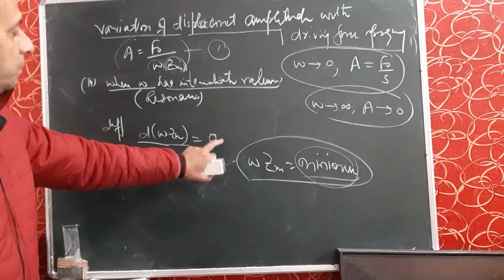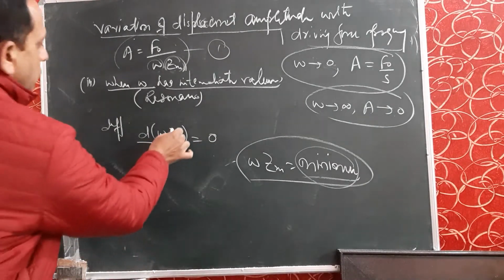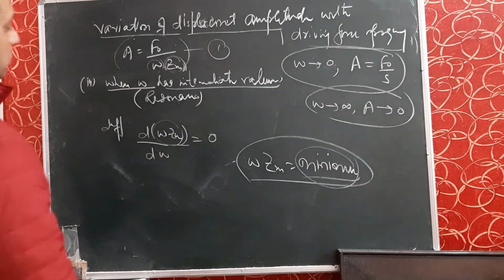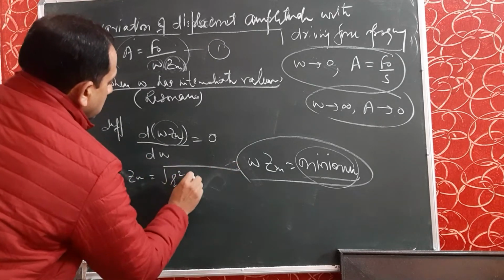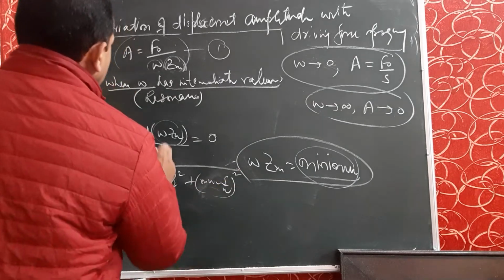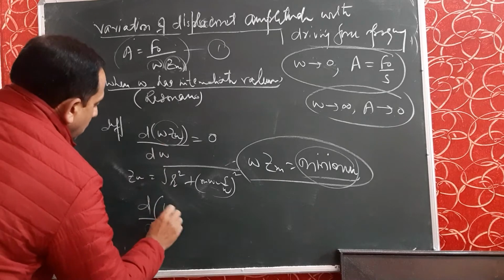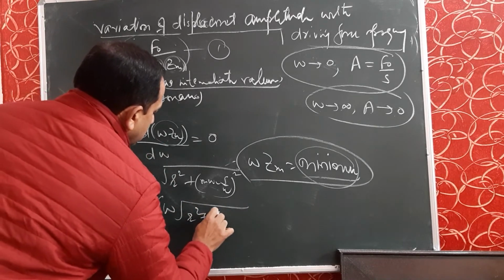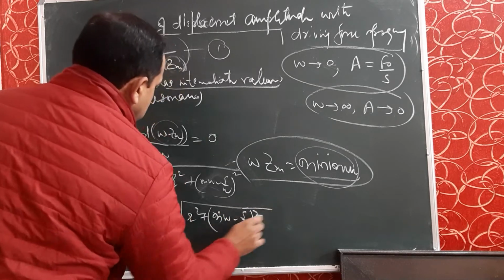So it is d by d omega of omega Zm equals 0. What is Zm? Zm is the square root of r square plus (omega m minus s by omega) whole square. So we get d by d omega of omega into the square root of r square plus (m omega minus s by omega) whole square.